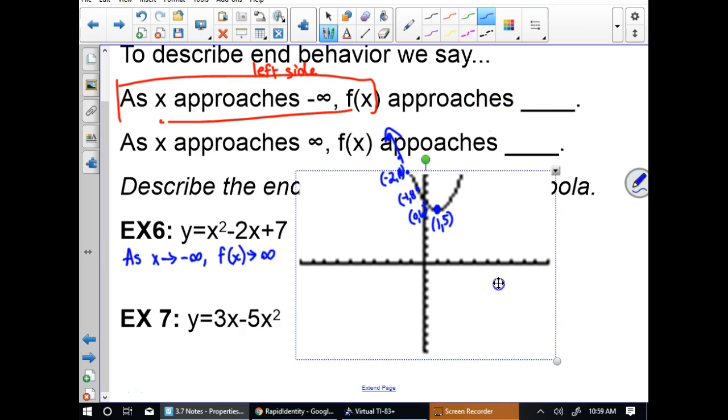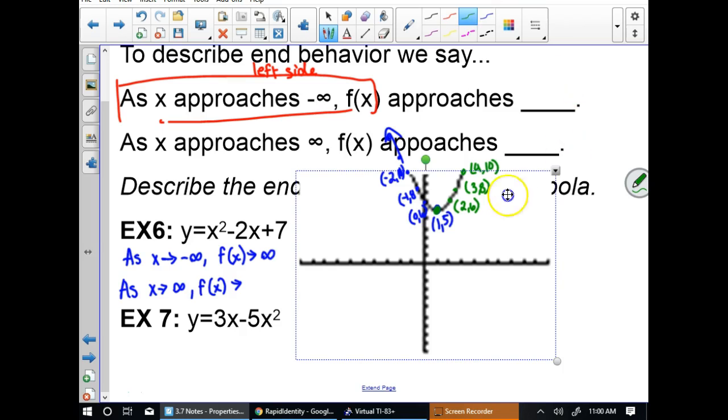All right, and then for the other part, we would say as x approaches positive infinity, f of x approaches. So in this case, I'm going to use green dots here. Let's say we start here in the middle. At this point, it might be like 2, 6. And here maybe we have 3, 8. And here maybe we've got 4, 10. Those aren't exactly right, but they're close enough for what's happening.